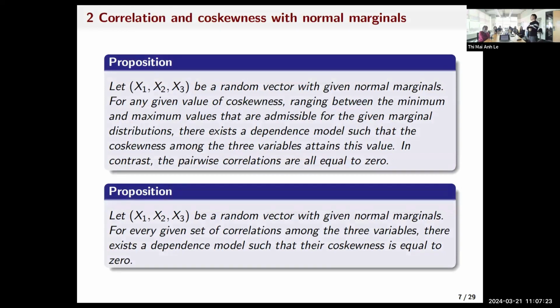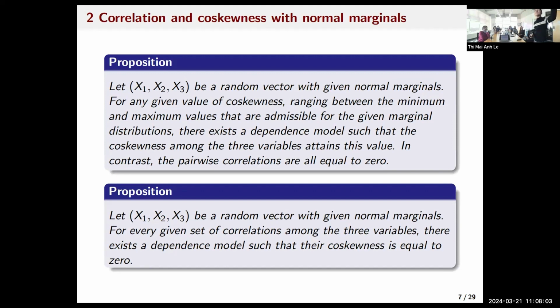The second section deals with the assumption of normal marginals. What we talk about here is that the marginal distributions are normal, so the property is symmetric. In this section, we prove these two propositions. First, for any given value of coskewness, in the range between the minimum and the maximum values that are admissible for the given marginal distributions, there exists a dependence model such that the coskewness among the three variables attains this value.